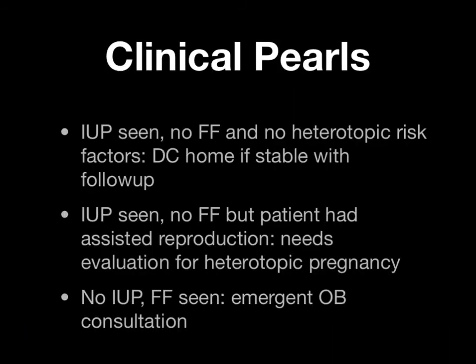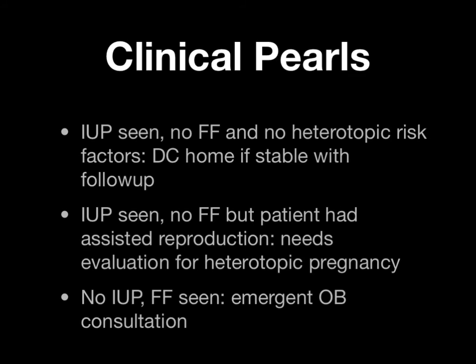Let's look at some clinical pearls on how to best use this focused study. If you see an intrauterine pregnancy in a stable patient with a benign exam, no free fluid, and they don't have any significant heterotopic risk beyond the general population, and you're not concerned about another etiology for their abdominal pain, these people can be discharged home if stable with follow-up.